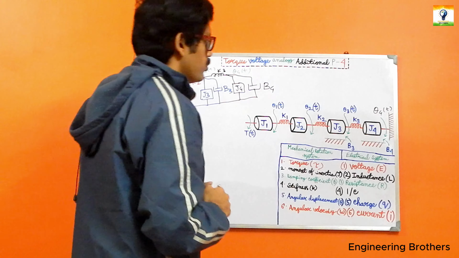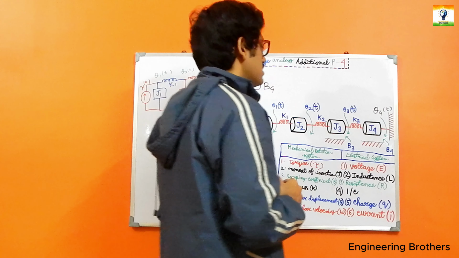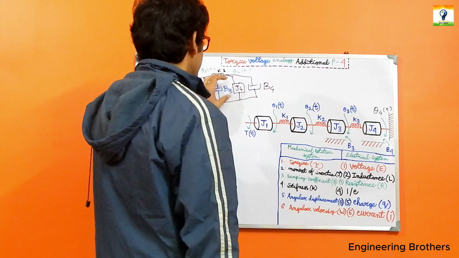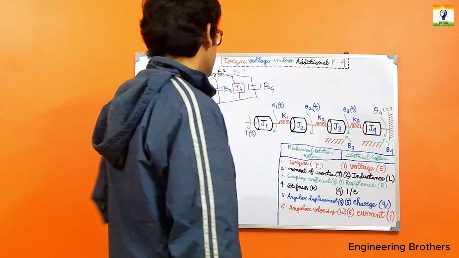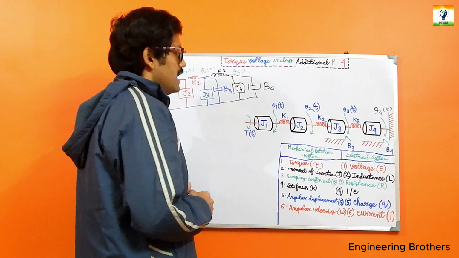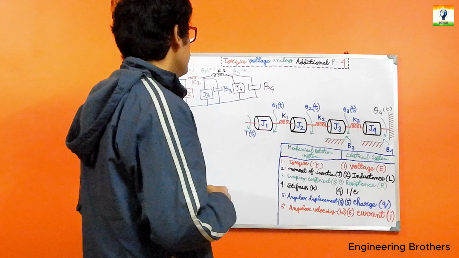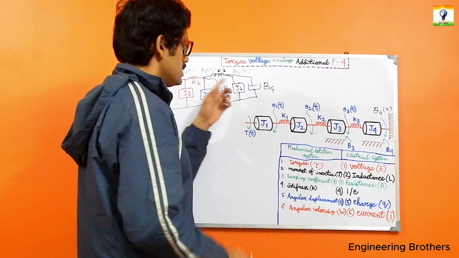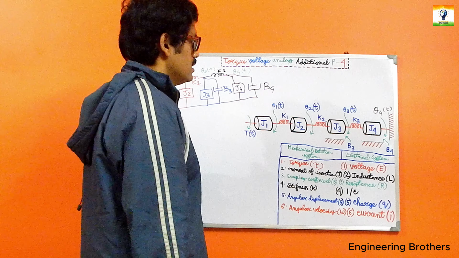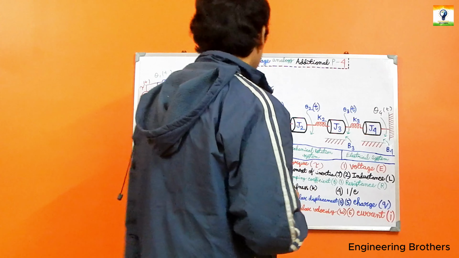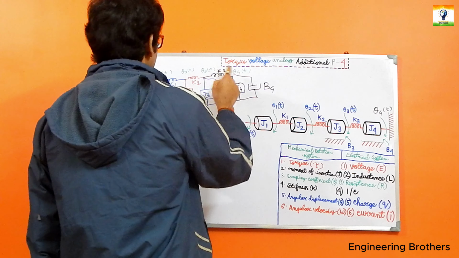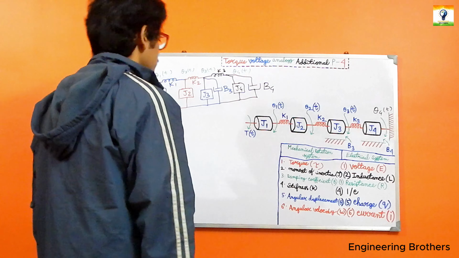And if you move towards the right hand side of our circuit, the J4 is directly connected with our theta 4(t). The theta 4(t) has been connected over here, and the frictional element B4 associated there I have included. And quite naturally, in between our theta 3(t) and theta 4(t), the spring element K3 is present between these two elements.